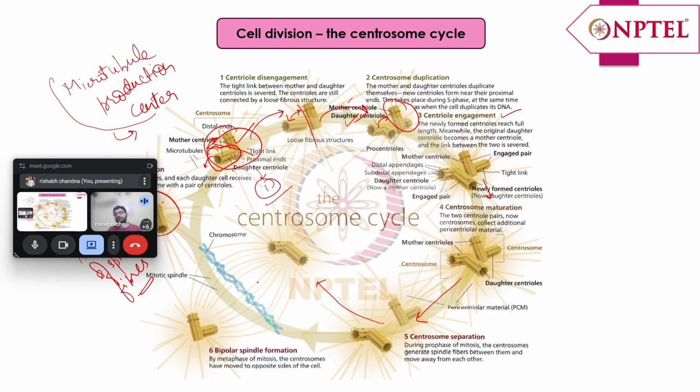During cell division, both the centrosomes reach the opposite poles. So this was the centrosome cycle in brief. Although there are many components involved, I am not going into that detail in this particular time period. But this is an important cycle that runs side by side through the karyokinesis. Any doubts in this particular case?